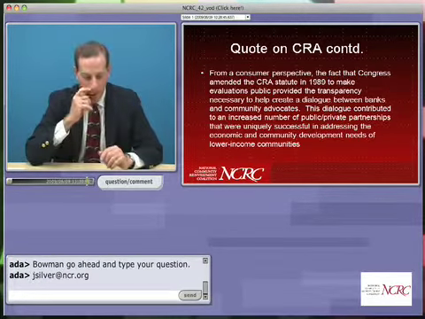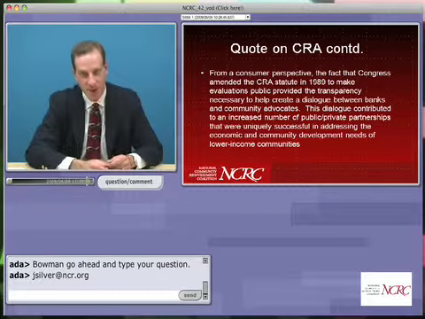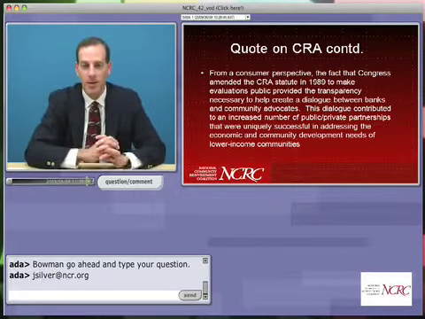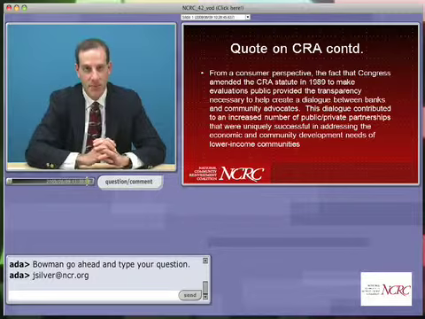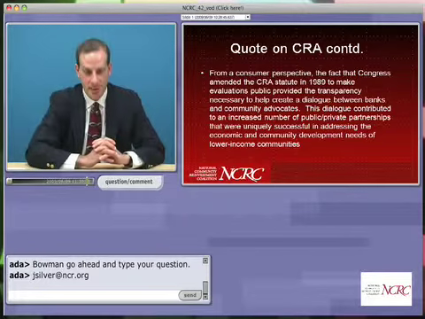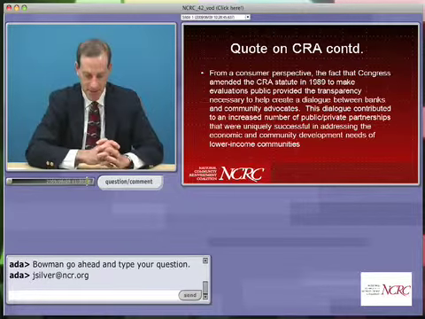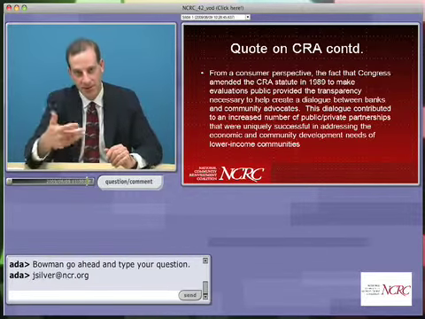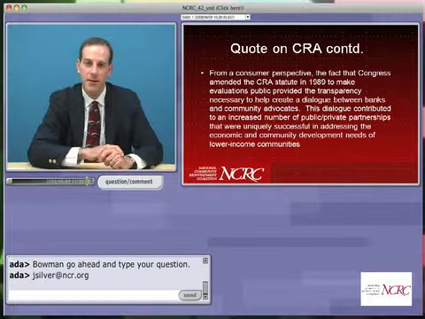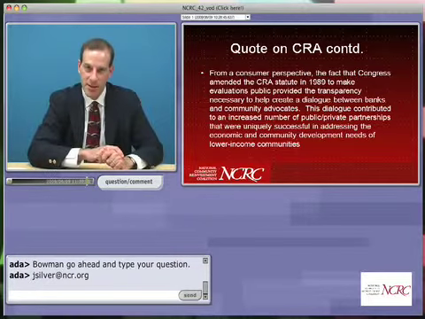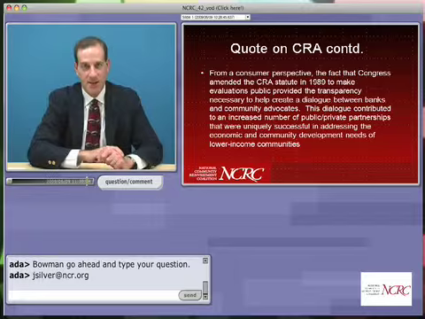Okay. Well, the question from the room is, what really determines the CRA grade? Let's talk about large banks for a second. There are 3 parts to their exam: the lending test, the investment test, and the service test. The lending test is worth 50% of their grade, the investment test is 25%, and the service test is 25%.